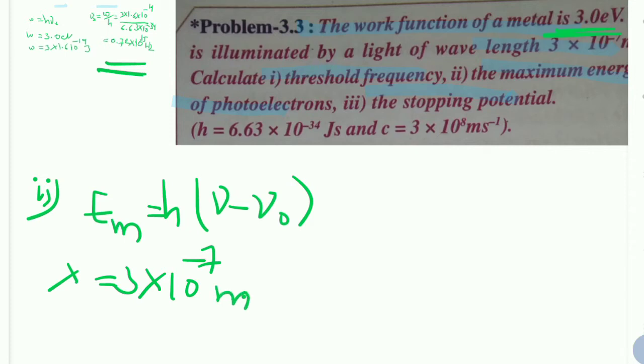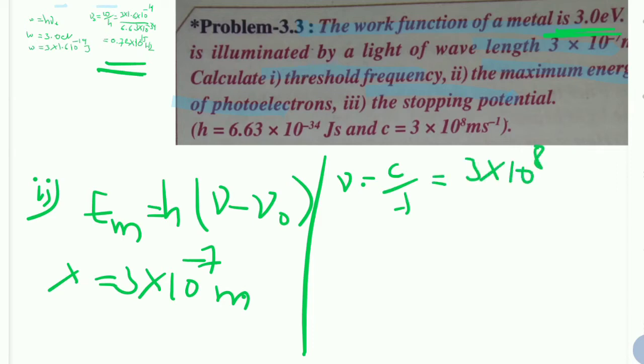So nu is equal to c by lambda, 3 into 10 to the power of 8 by 3 into 10 to the power of minus 7. This value is 1 into 10 to the power of 15 Hz.